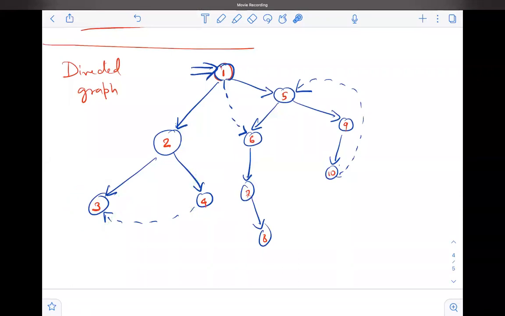I cannot find 4 from 3 because 4 is not an out neighbor of 3. You don't have an edge from 3 to 4. So I will go back to 2, and then 2 will say, now go and find out 4, and I will find out 4. But if I had gone to 4 first, then that would have been different. From 4 I should have been able to find 3, and I would have visited 3 through 4.